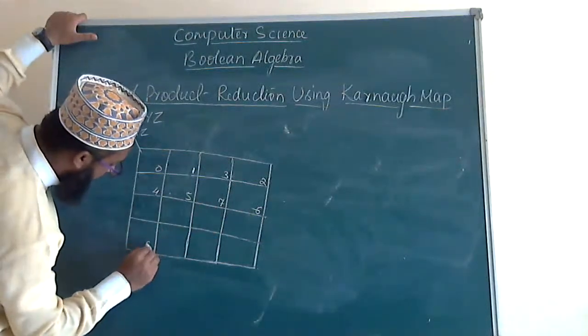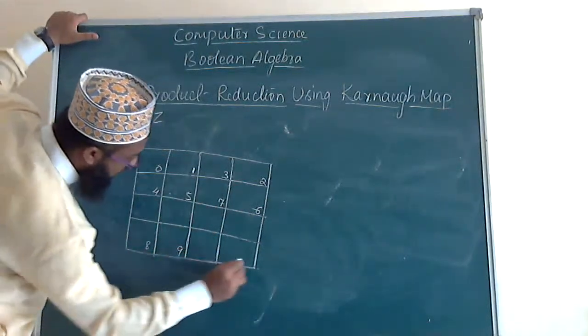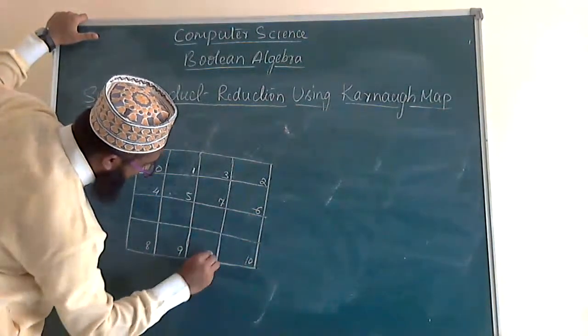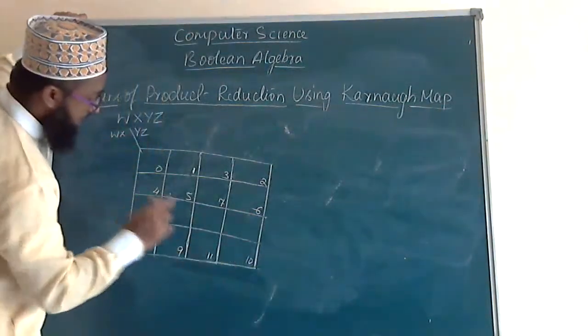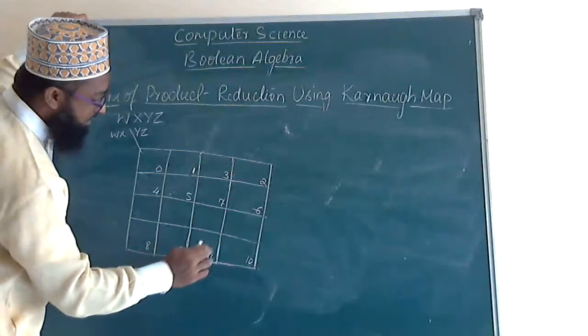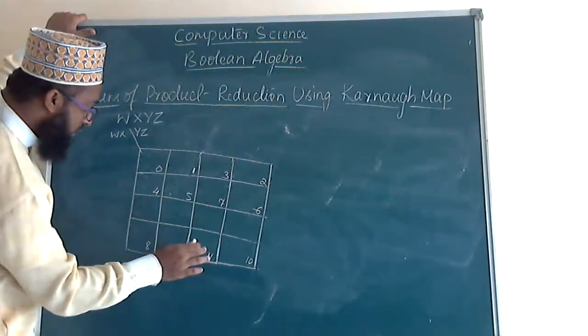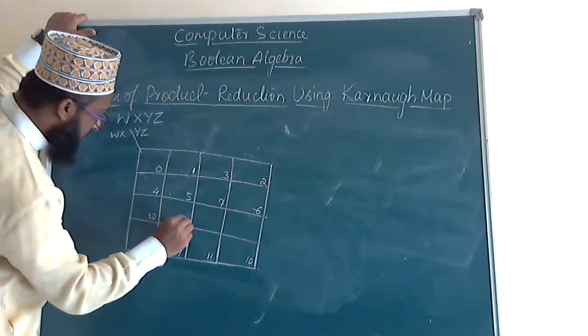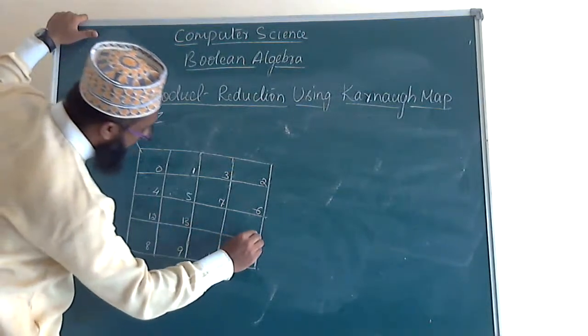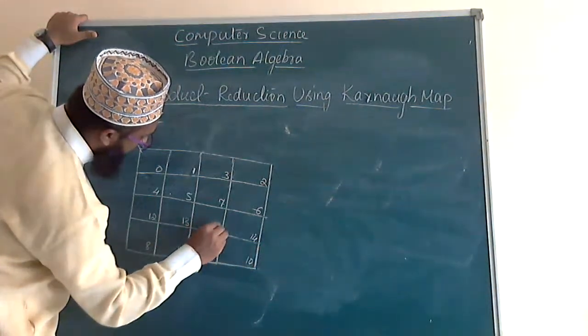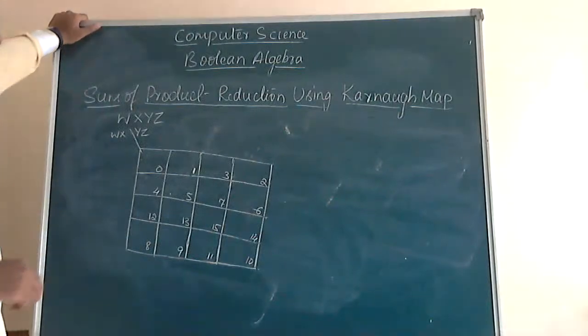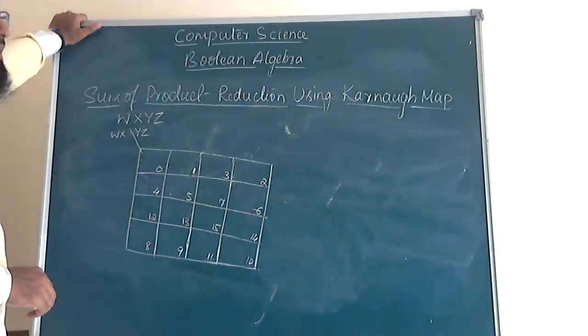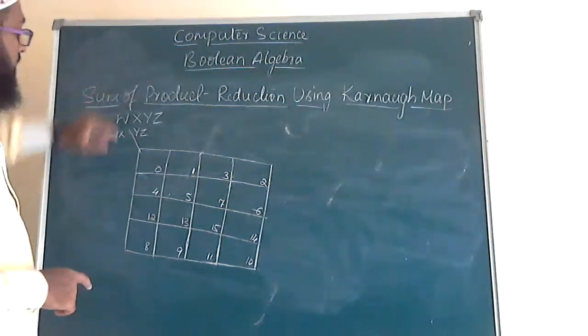After 7, 8, 9, 10, 11. Then at last come to here. After 11, 12, 13. Then write 14 here, then 15 here. Like this, we have to enter numbers for the 16 squares, the 4 variable Karnaugh map.